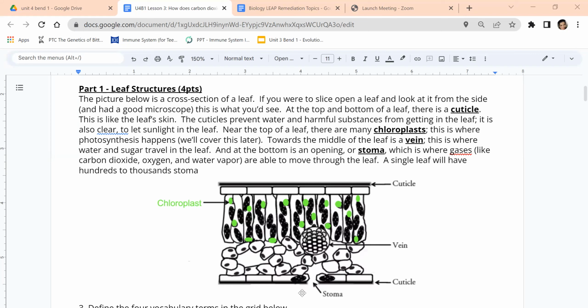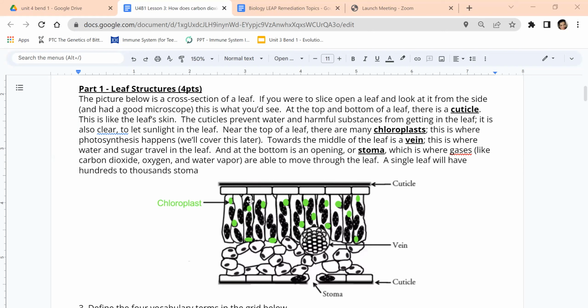And unfortunately, a little bit of water vapor escapes out those as well. But that's why none of those are on the top of the leaf, because the top of the leaf is exposed to the sun, and so it would be more likely to lose more water on that side of the leaf. So there's no openings in the cuticle.